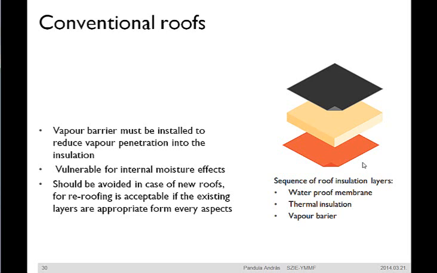This type of roof is more vulnerable to moisture effect, even with such a vapor barrier. Therefore, its application should be avoided for new roofs. For re-roofing, if the existing thermal insulation and vapor barrier layers are appropriate from every aspect, this type of construction is acceptable.